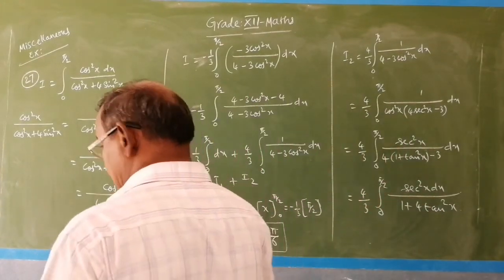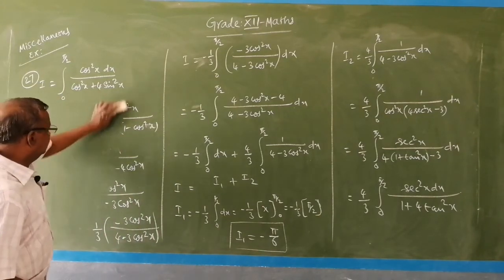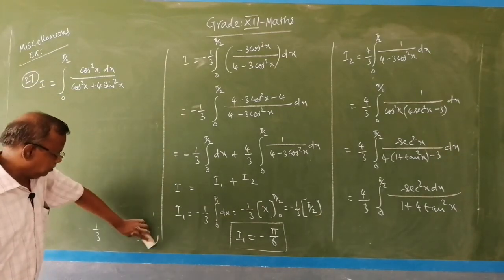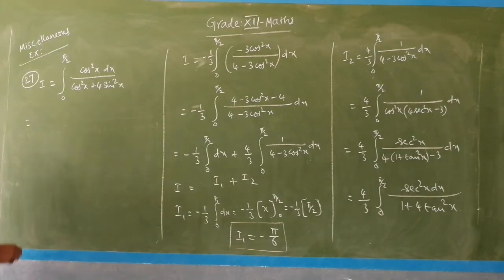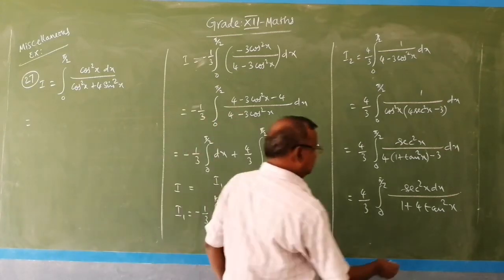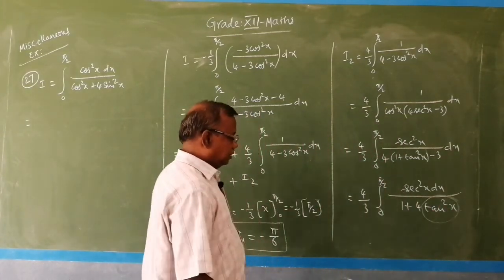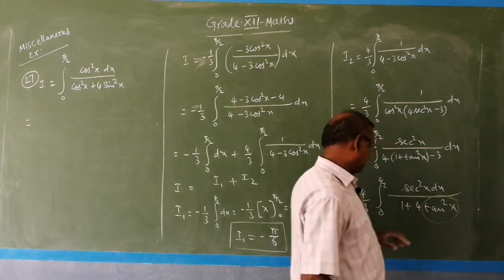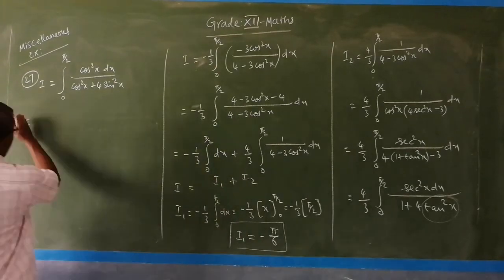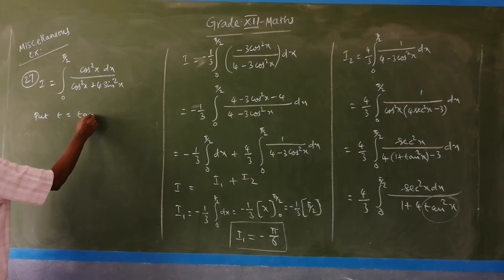Let us compute the value. Now take this part, take tan x as the function. Its corresponding derivative is secant square x. So for I2 put t equal to tan x.